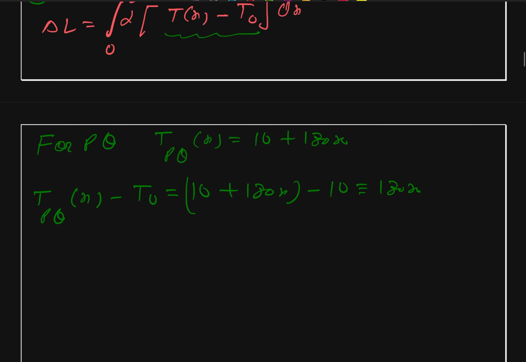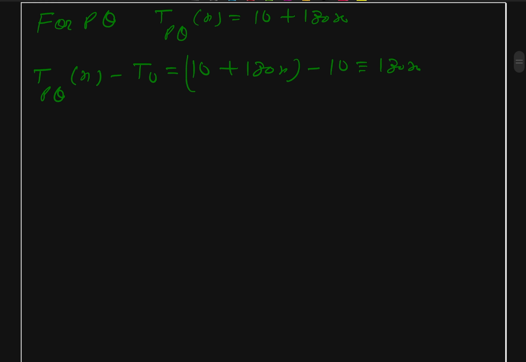Now we can just substitute in the integral. So delta L of PQ will be equal to the integration from 0 to L of alpha of PQ times 130x dx, where length is equal to 1.